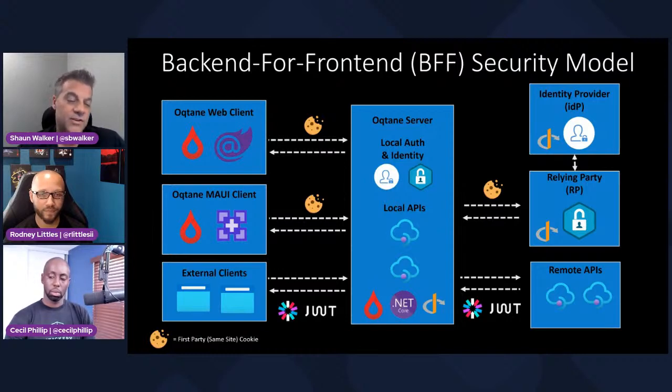And then you could even have external clients as well, because Oqtane does support authentication using JWT tokens. Nice. So it has its own token server built into it, which, like Rodney said, you can easily build using just standard .NET, right? Yeah. It's not that complicated. That makes sense.